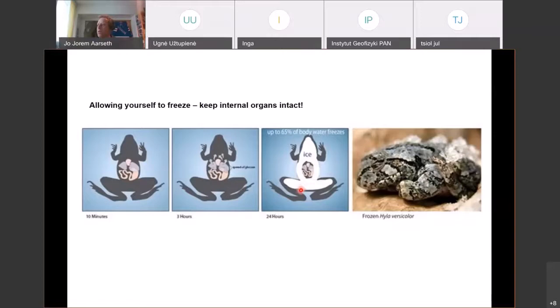Because when the spring comes after a long winter, this frog will thaw and the ice will go away slowly, and then the temperature will increase slowly, and then actually it will come to life again. So that's an adaptation to survive during the rough winters when you are a heterothermic animal in this area.